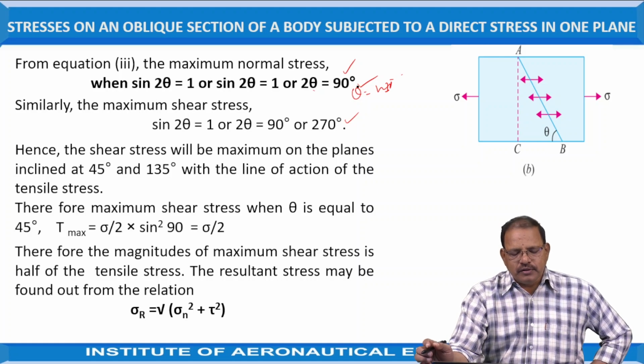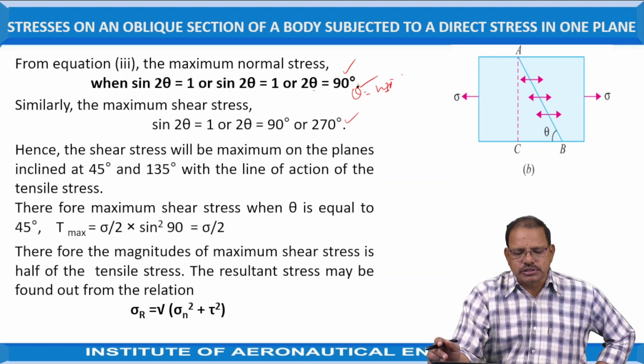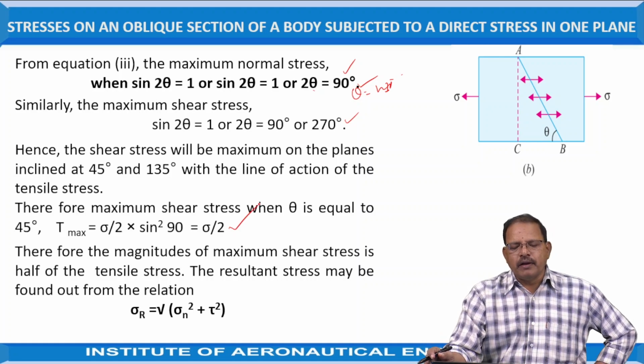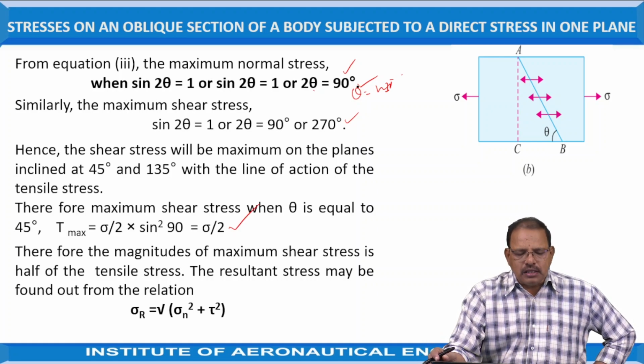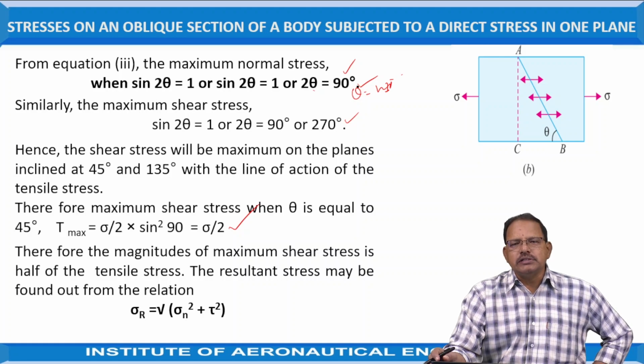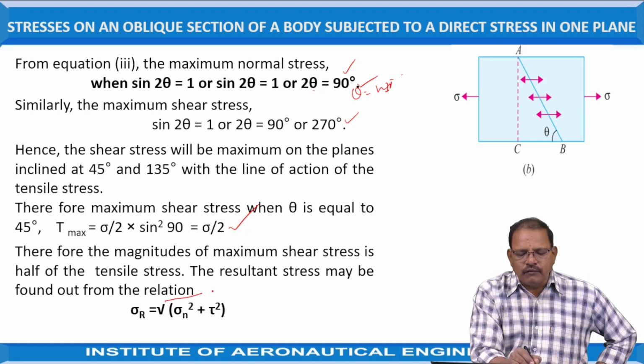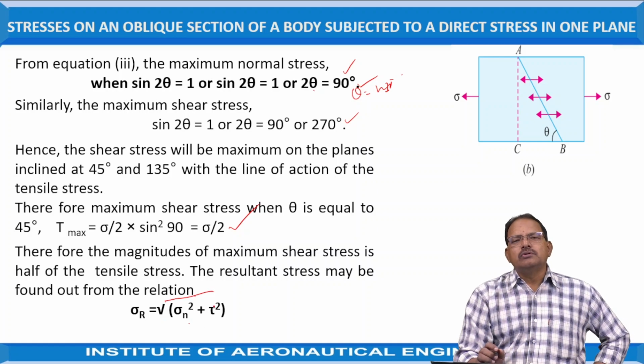At this inclination of the plane, the shear stress is maximum, which is equal to half of the direct stress. Therefore, the magnitude of maximum shear stress is half of the tensile stress. When the inclination of the oblique plane is 45 degrees or 135 degrees, the resultant stress may be obtained using the relation under root of sigma n whole square plus tau whole square.